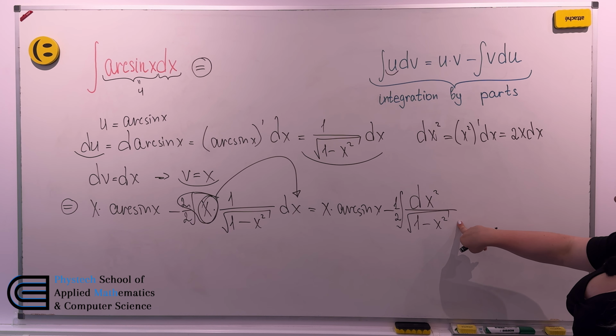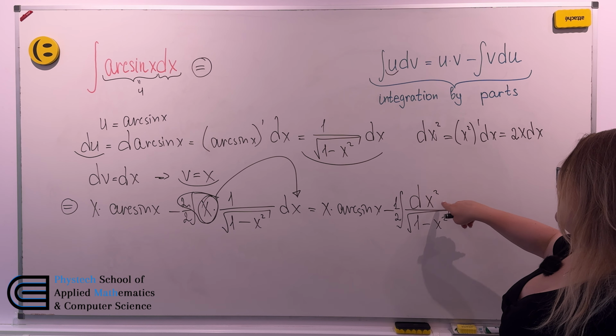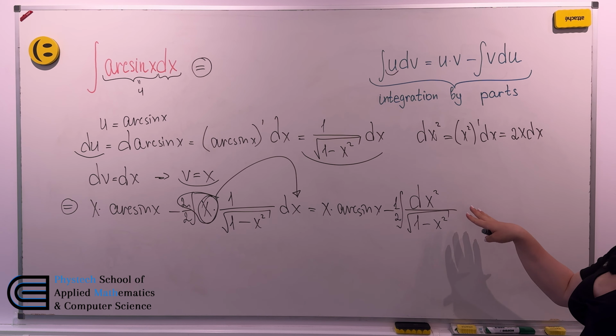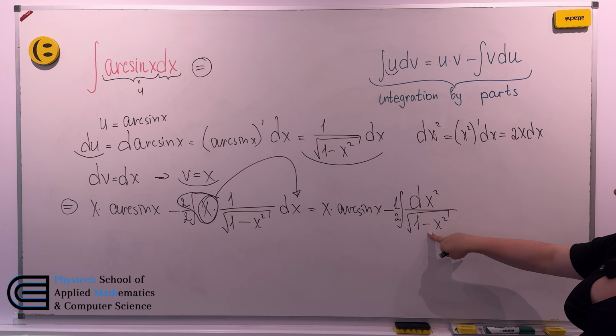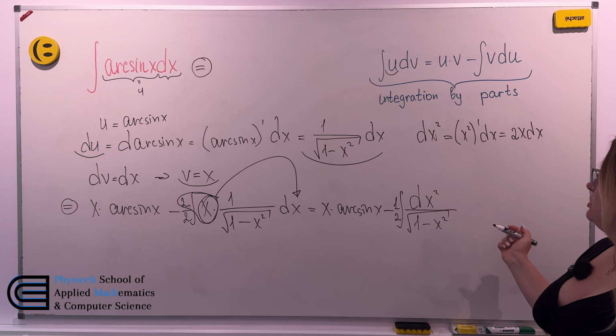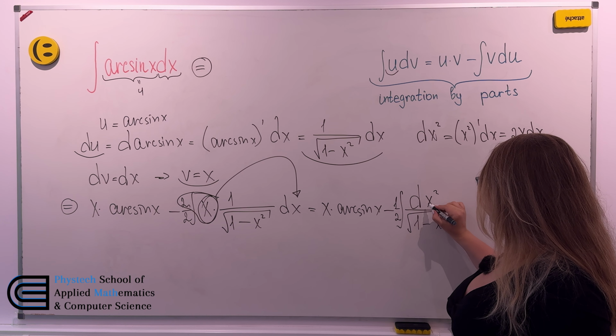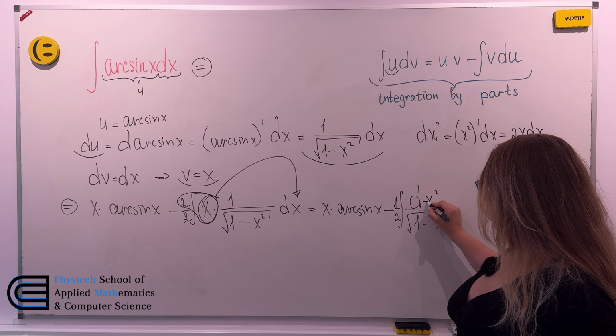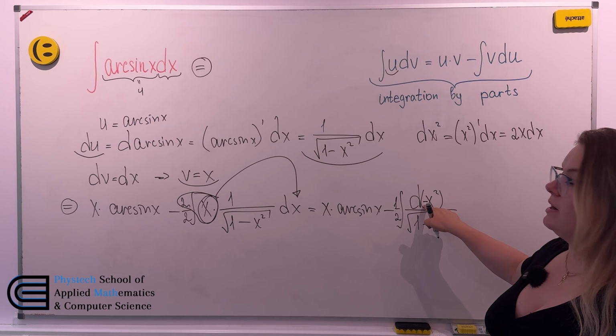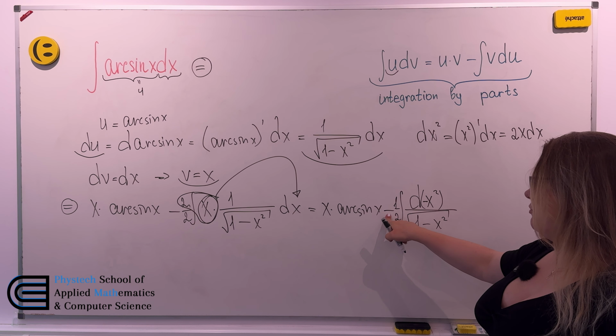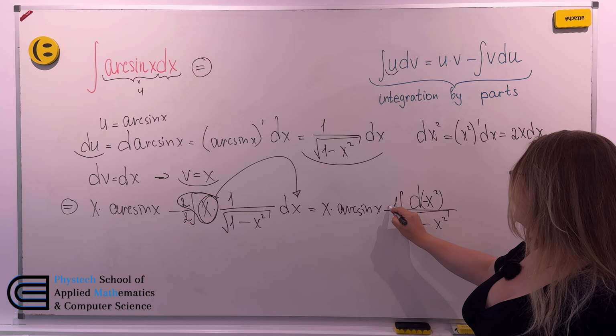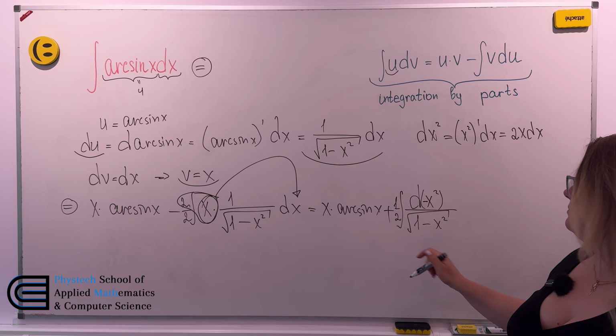So that's all. Now we can see that here we have x squared and here we have x squared with minus. So we need to multiply our x squared by minus 1 and of course divide by minus 1, so here will be plus.